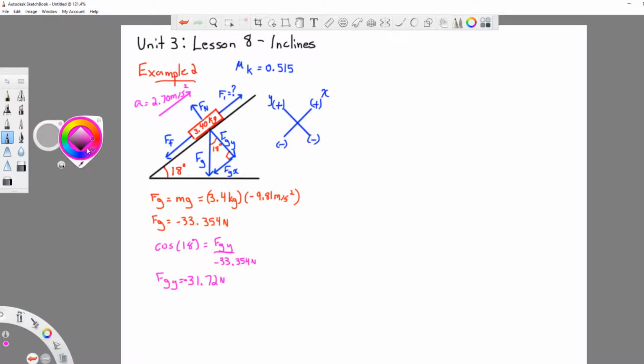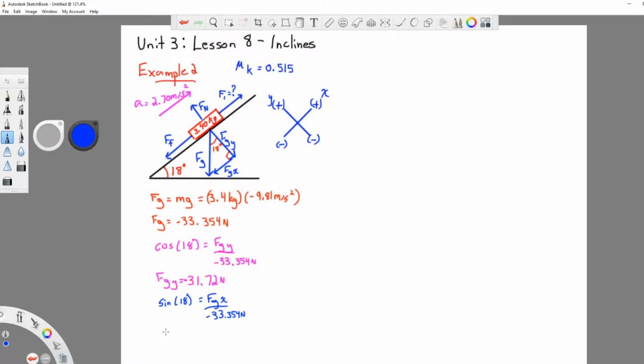All right. And how about we jump into blue and we solve for our FGX as well. So we can say that this is our opposite side, so it's going to be a sine value. So sine of 18 degrees is equal to FGX divided by negative 33.354 newtons.